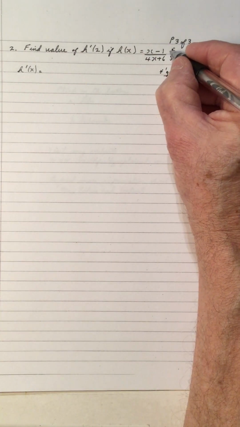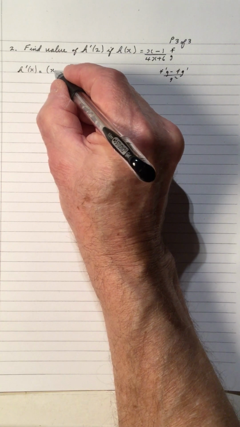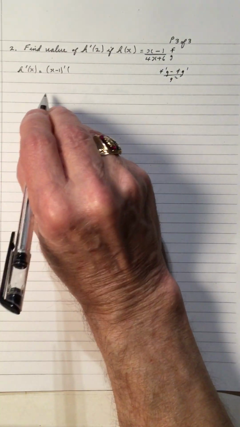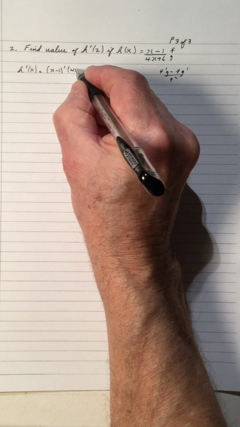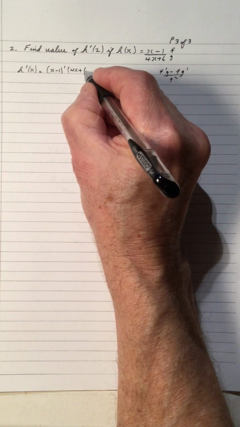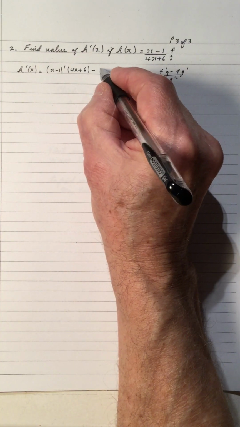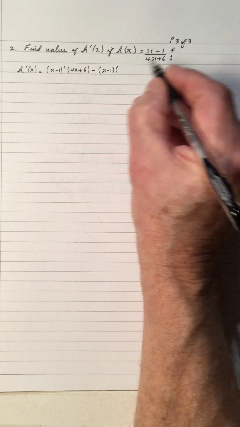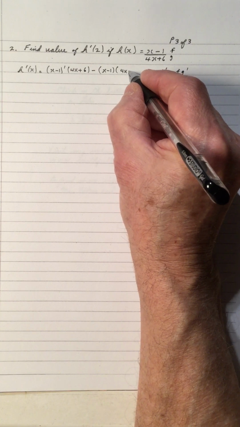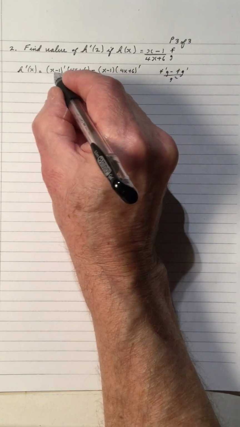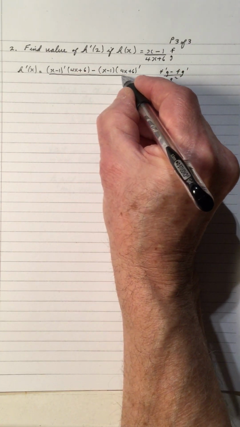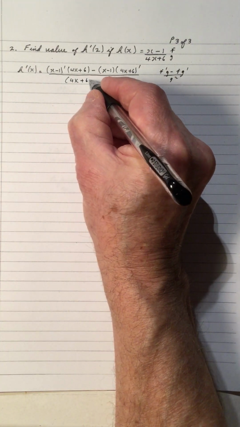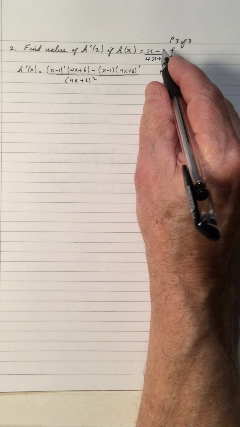So this is f and g, so it's the derivative of x minus 1 times g, which is 4x plus 6, subtract f, which is x minus 1, times the derivative of 4x plus 6, all over 4x plus 6 being squared.